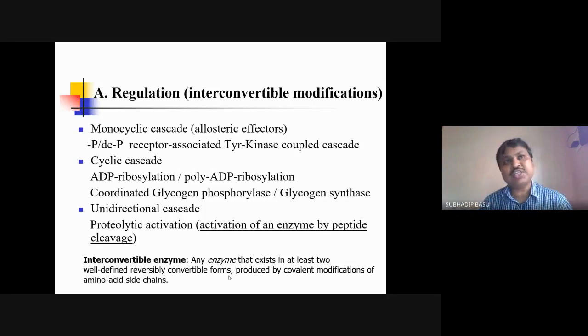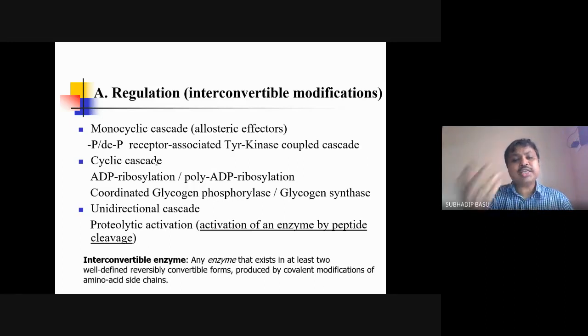So most of the activities happen around those side chains that you have already studied for the 20 different amino acids. Now, there can be many different types of interconvertible modifications, for example, some using a monocyclic cascade, some using a cyclic cascade, like A affects B, B affects C, C affects D, and then again D to A.